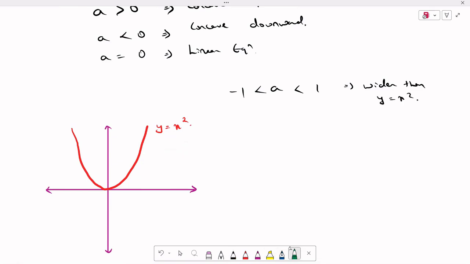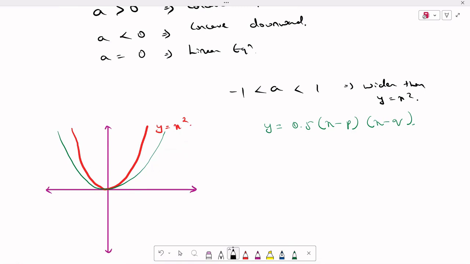What do I mean by that? It means if I have an equation that looks like, let's say, y is equal to 0.5 times (x minus p)(x minus q), then the curve for this graph will look like this, it will be wider.